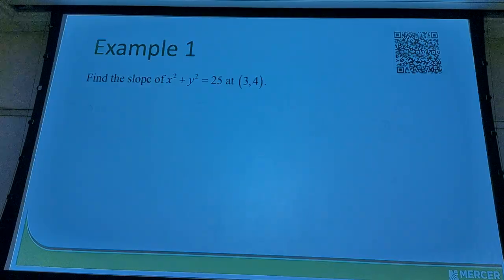Remember, the first thing we need is to find dy dx. First step, differentiate both sides.